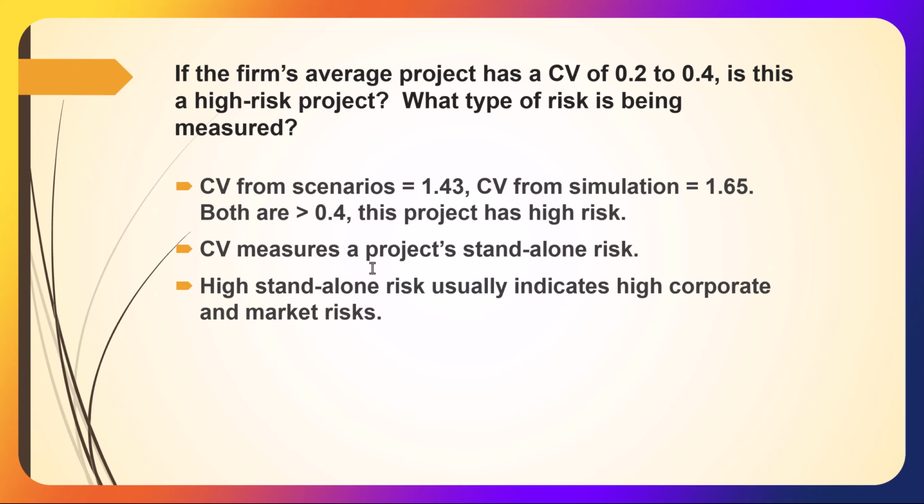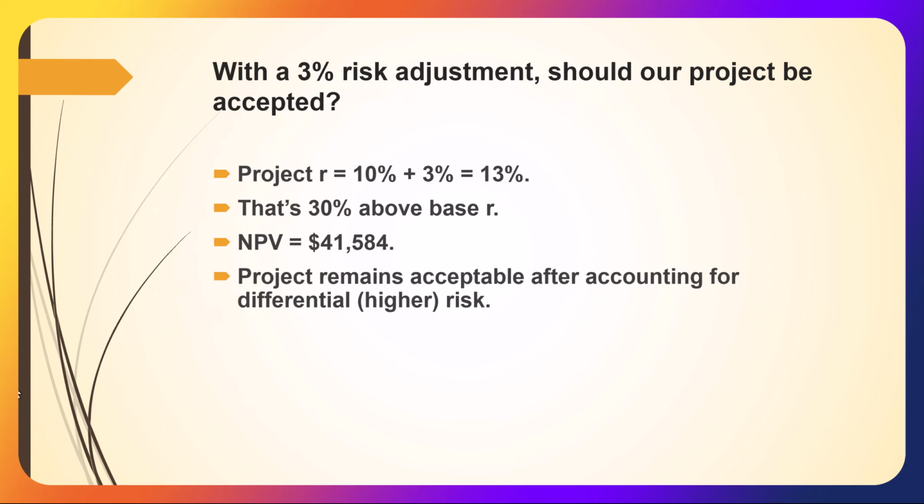So the coefficient of variation measures a project's standalone risk. High standalone risk usually indicates high corporate and high market risks. What we need to do is adjust then our weighted average cost of capital for this analysis. Maybe we do 3%.